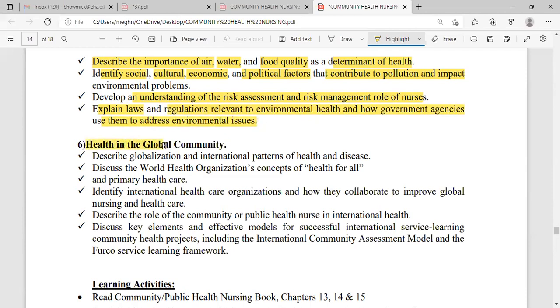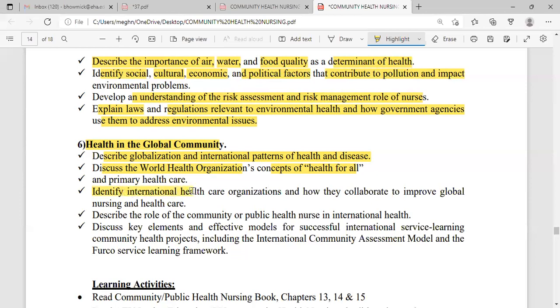Health in global communities. Describe globalization and international patterns of health and disease, and also discuss the World Health Organization, shortly called WHO, concept of health for all. What does it mean? What is the definition of health, and what is the meaning of health for all, included in this chapter?